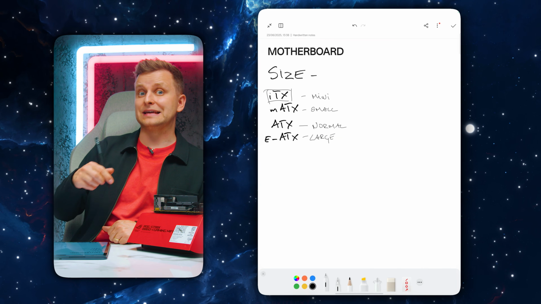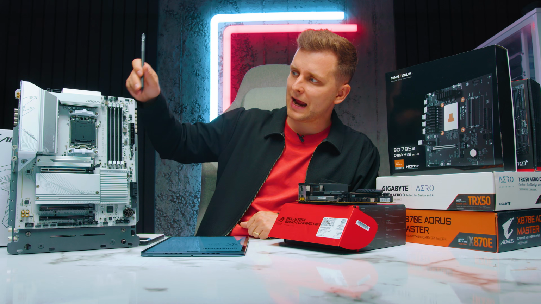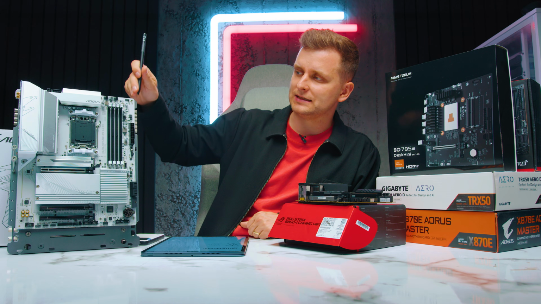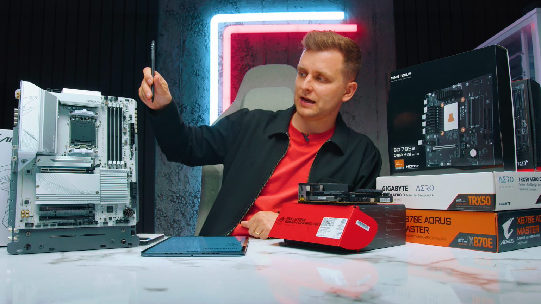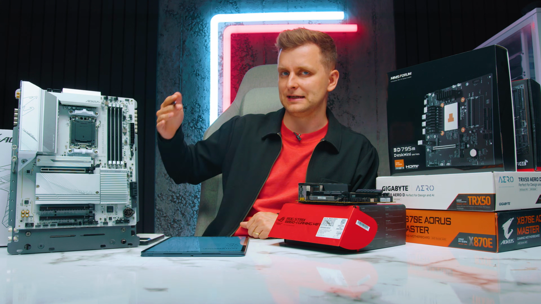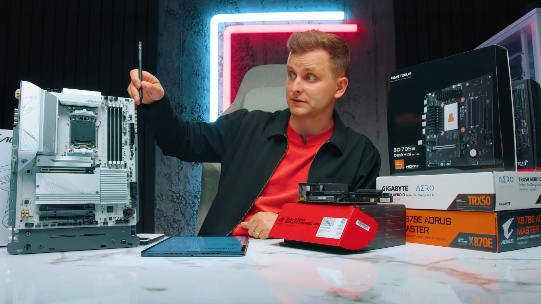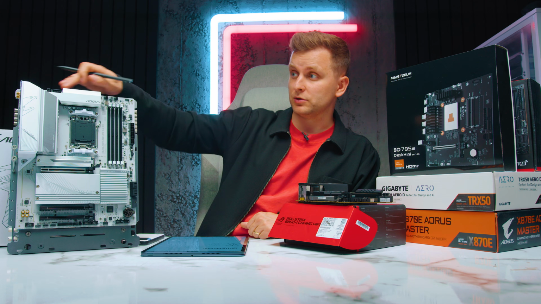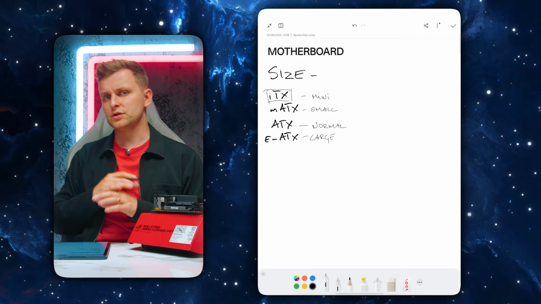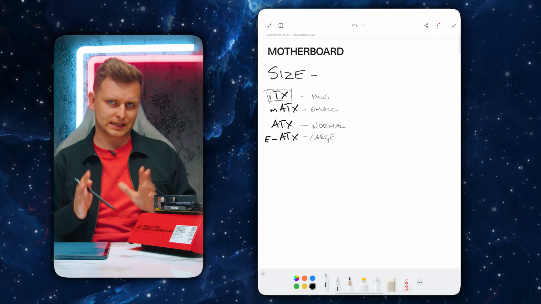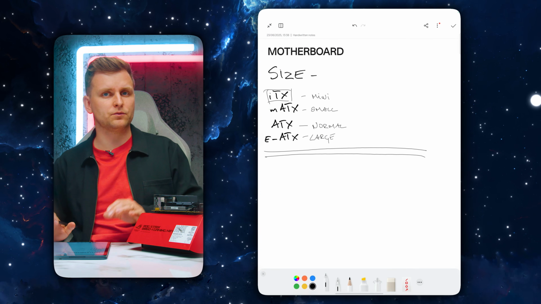EATX means extended ATX, and anything that is wider than ATX is called EATX. Sometimes they're a little bit wider, sometimes a lot wider, sometimes extremely wide. They almost look like a big square. So these are the 4 motherboard sizes. The size is sorted, we can move on.